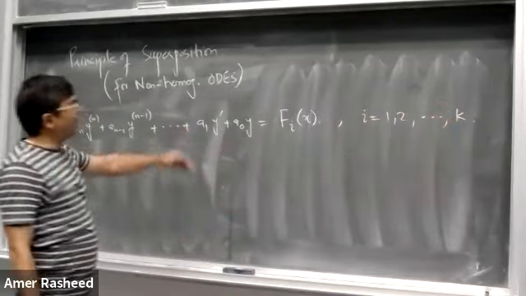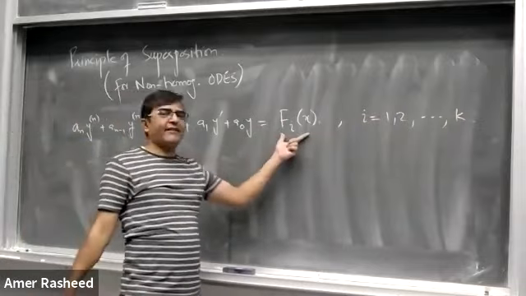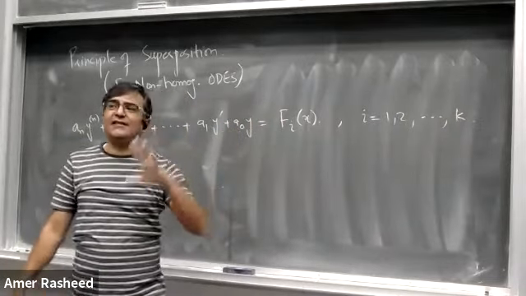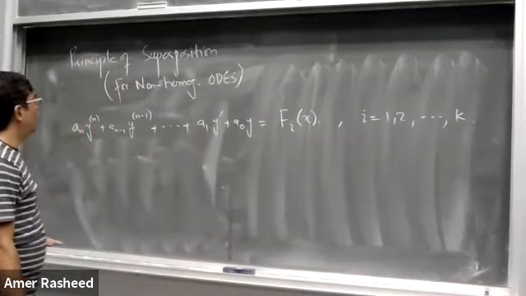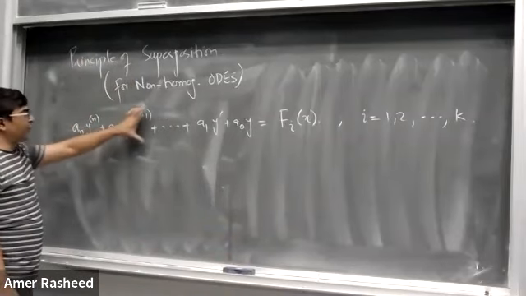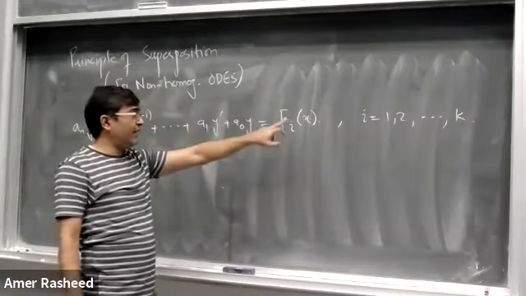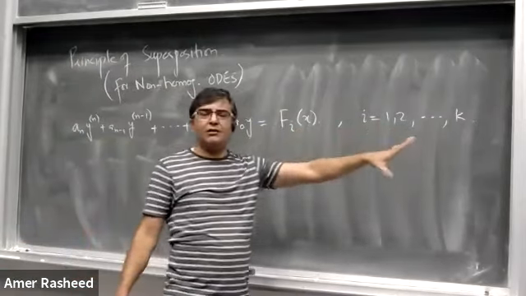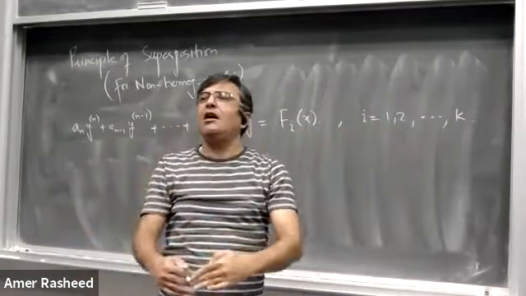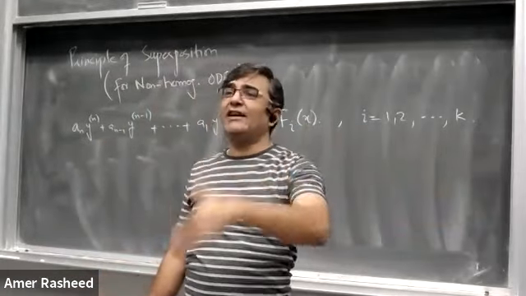We have k such differential equations whose right-hand sides are different, but the left-hand sides are the same. We have k nth order linear differential equations with constant coefficients, non-homogeneous, where i is from 1 to k. The left-hand sides are identical, but the right-hand side is different.